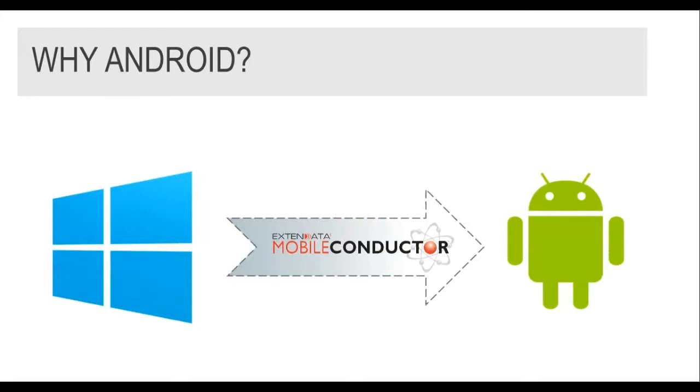So making the move to Android, we had a lot of things to think about and consider in this process. We built a very solid solution. We've learned a lot through the process of deploying many implementations of MobileConductor DSD to our customers, and we wanted to leverage as much of that as we possibly could.